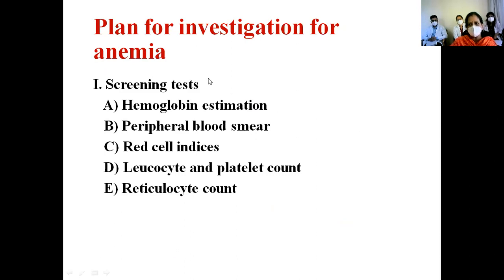So patients are sent to us in the laboratory, and of course the clinician would advise the required investigations, and the clinician would request the desired investigations. But later, with all this, we have to advise them to move further for definitive diagnosis wherever it is required. So screening tests are hemoglobin estimation, peripheral blood smear examination, red cell counts, indices, leukocyte and platelet count.